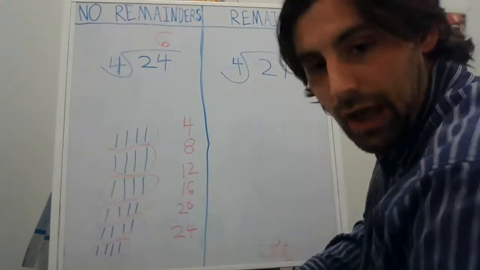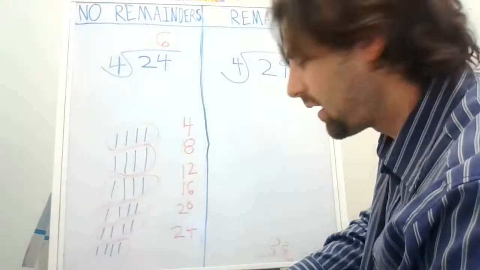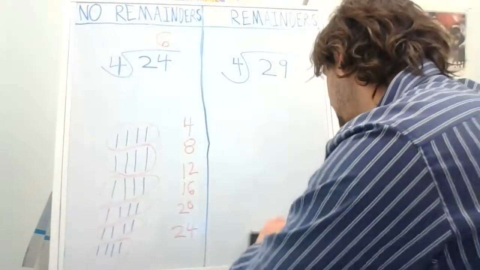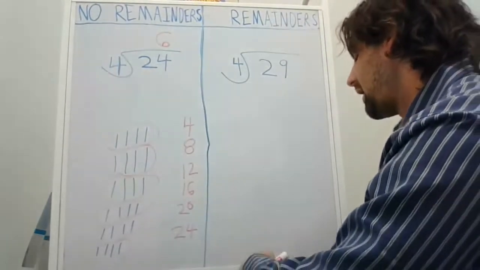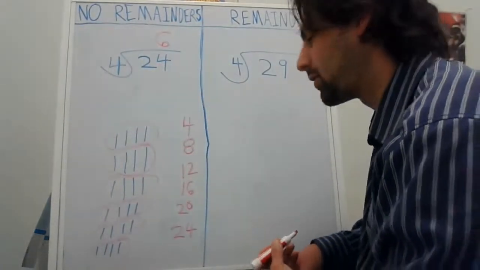Now on this side, 29 divided by 4. So I would go about solving 29 divided by 4 the same exact way. The only difference is with this one, there is going to be a remainder. So I'm going to make my groups of 4. I'm going to count up to 29 this time, and I'm making my groups of 4.